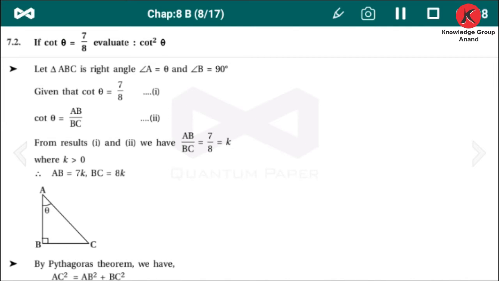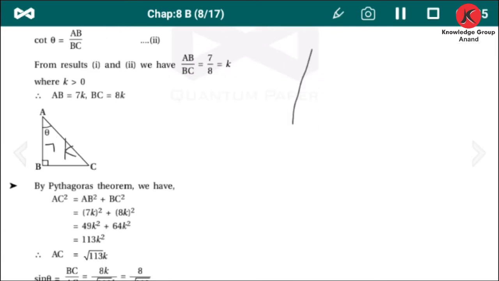Here AB is equal to 7k and BC is equal to 8k.